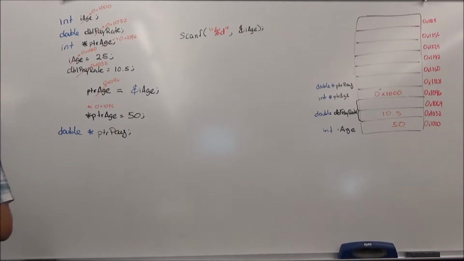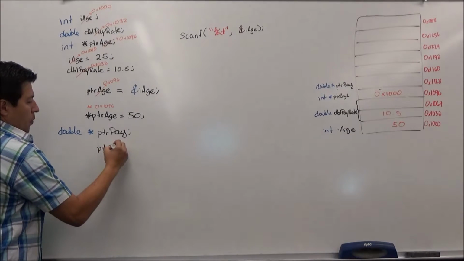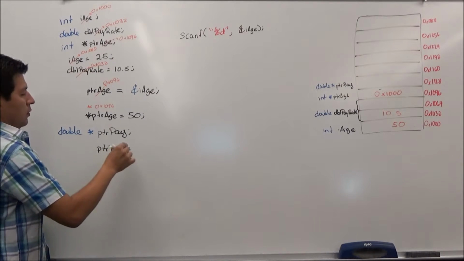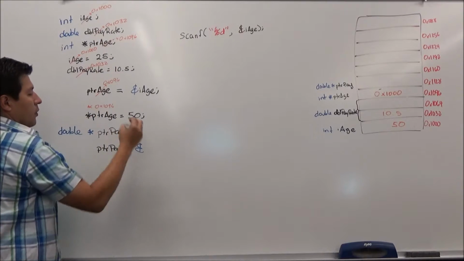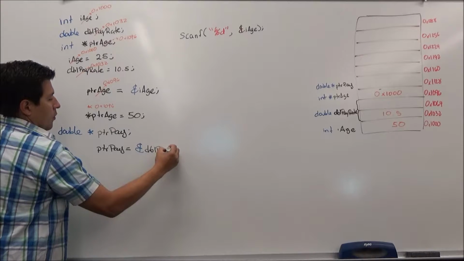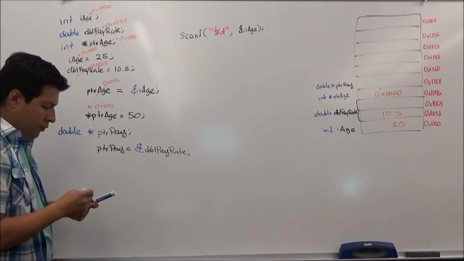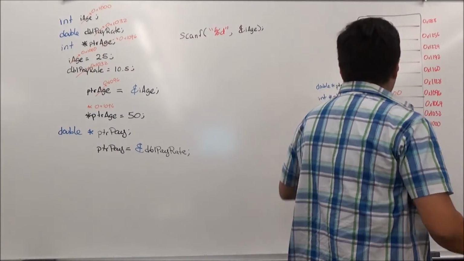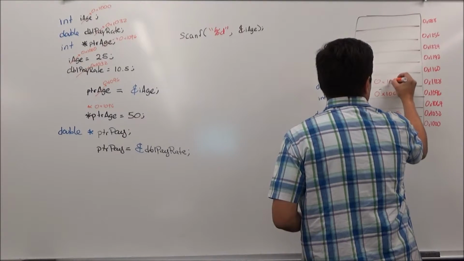Then I can say pointer to A will have the address of that variable. So now a 32-bit value is going to have the address of something that is 64-bit.